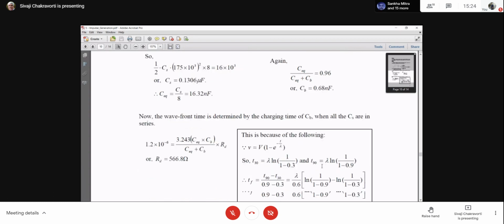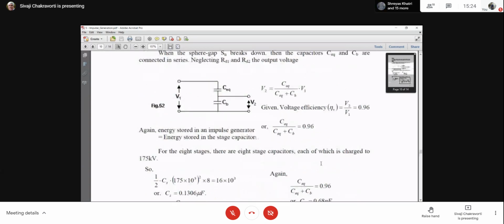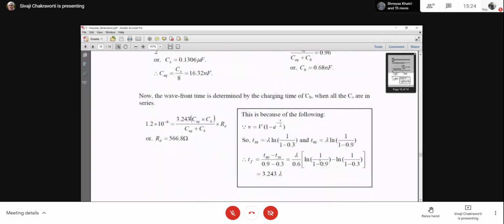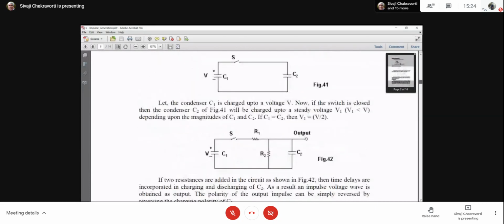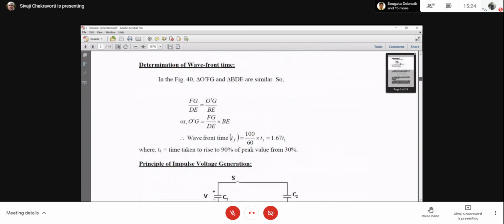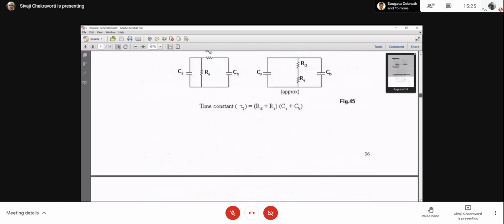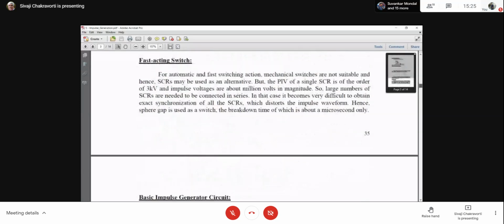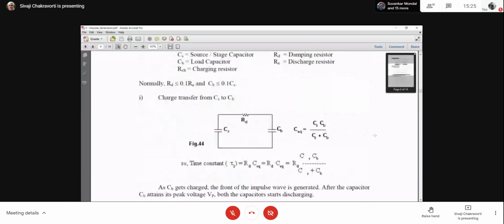I have already shown the circuit where this stage capacitor charges the load capacitor. Now here it is CS by 8, that is the C equivalent.